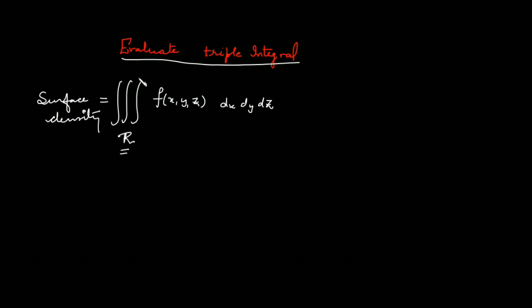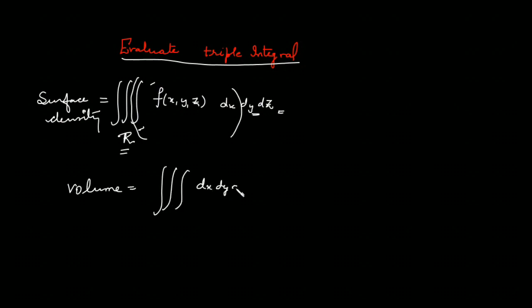So we have to first integrate with respect to x, substitute the limits of x, then with respect to y, then with respect to z, and substitute all the limits. Now what is the volume? Using a triple integral, we consider the function to be 1, we get the volume. First write the limits for x, then for y, then for z. So in this way we can evaluate the triple integral. Here the limits are already given to us, we have to just evaluate this triple integral.